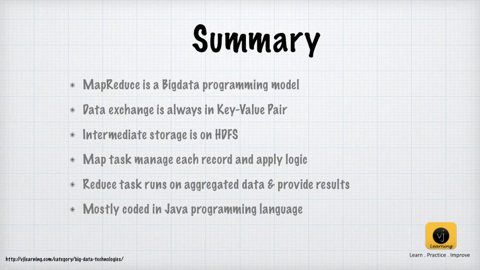MapReduce is mostly coded in the Java language, and if you're not comfortable with programming languages, as I discussed before, we do have other tools like Hive and Pig, which are SQL based frameworks. Another one is a script based framework, and they internally convert the code into MapReduce and execute it.